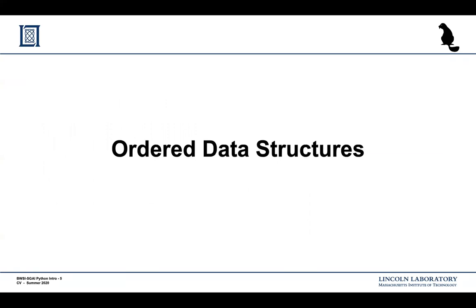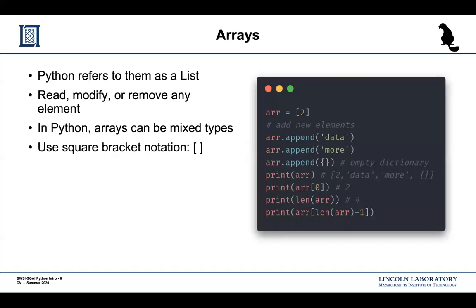Okay, so let's talk about a few data structures then, starting with ordered data structures. You guys should be familiar with arrays to some extent. Python refers to them as a list. You can read, modify, or remove any of those elements. In Python, arrays can be mixed types.